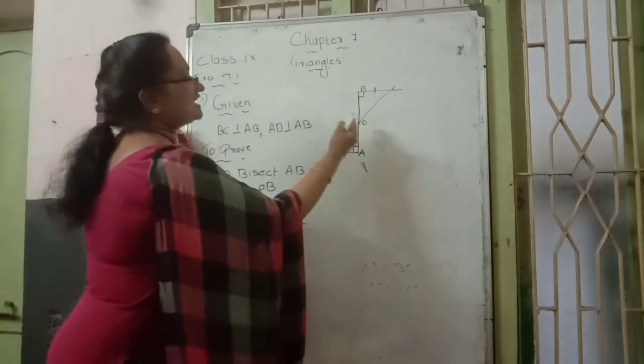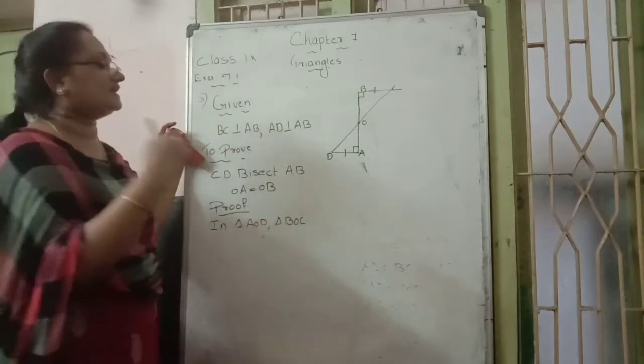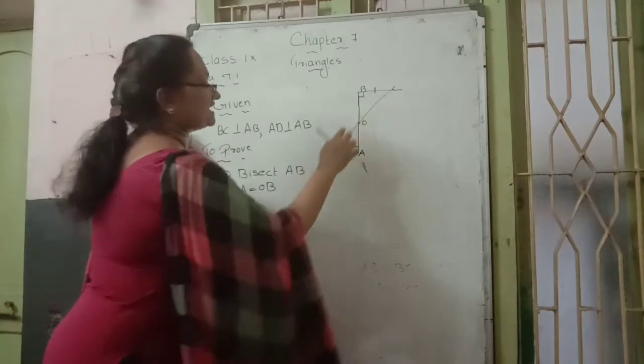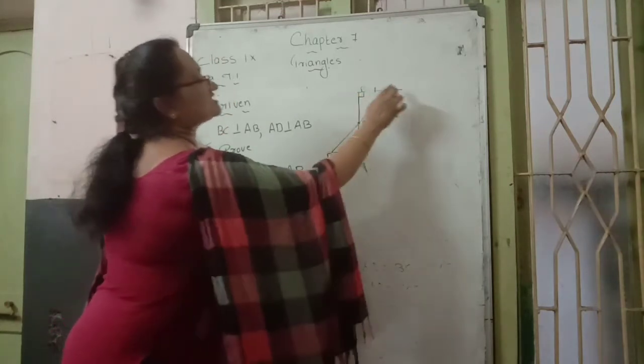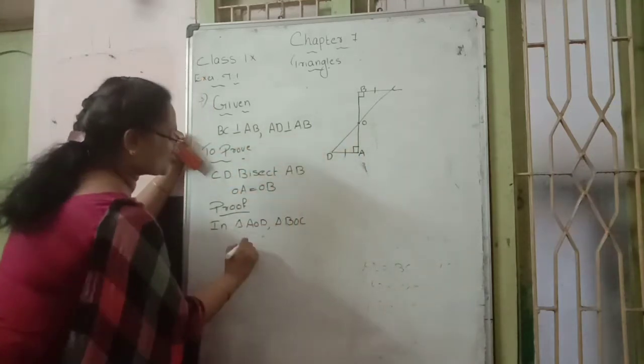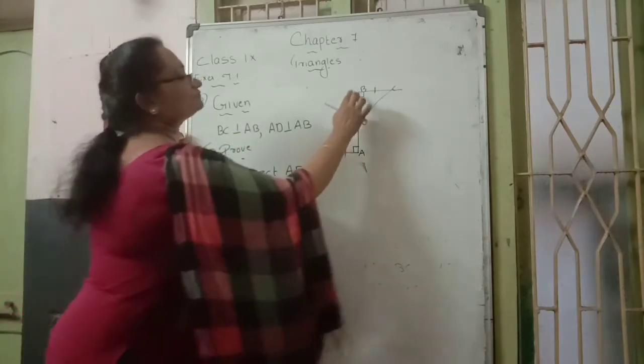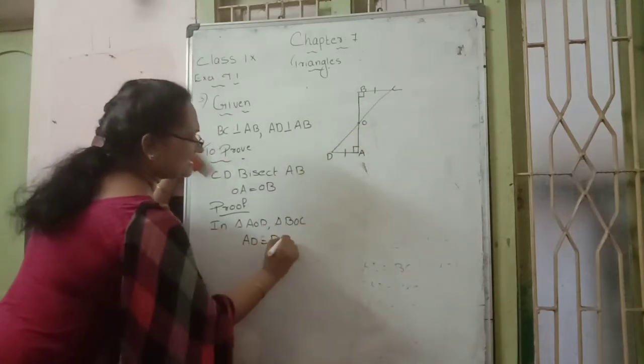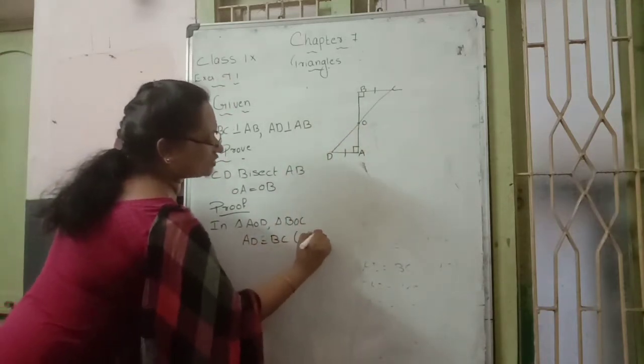In the diagram, what are the elements you can tell? Here they have already marked that AD side of the first triangle is equal to BC side of the second triangle, given in the question.